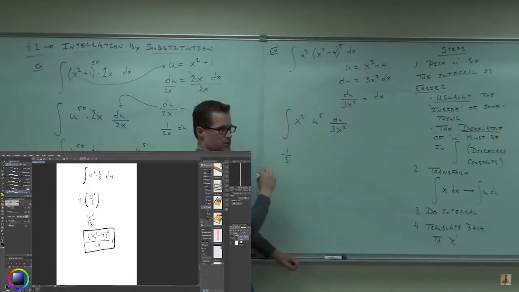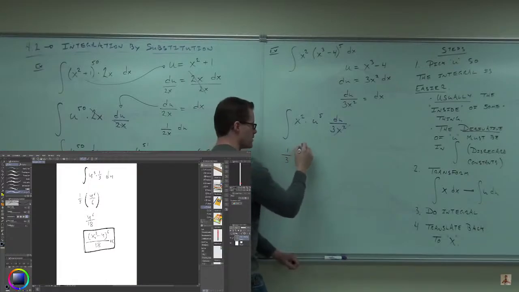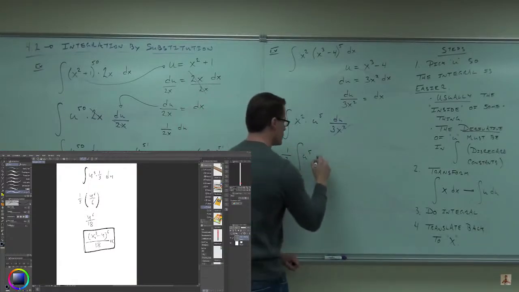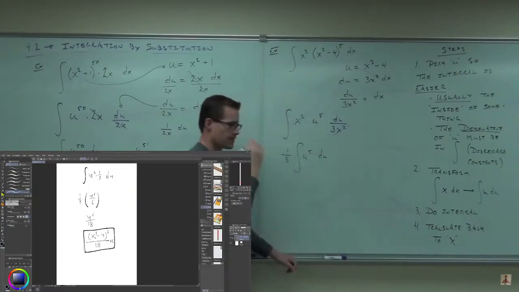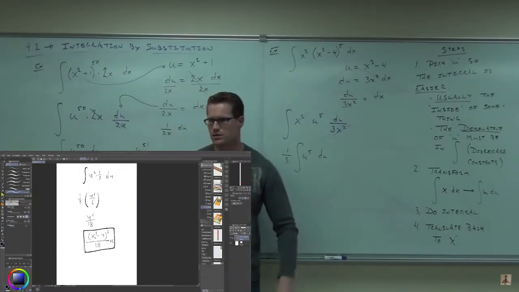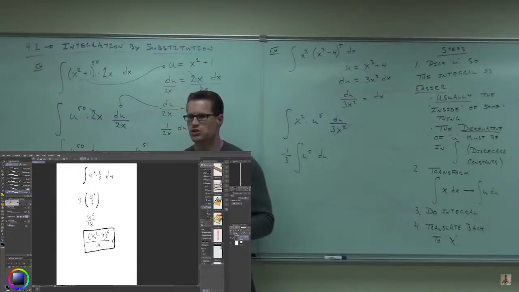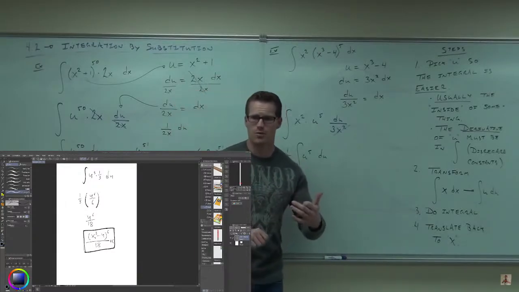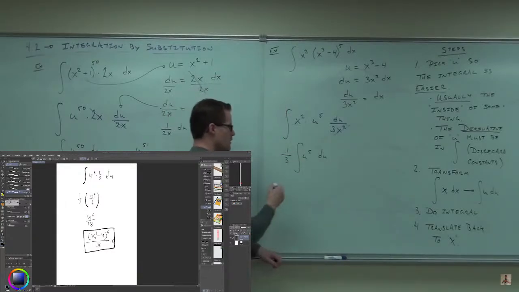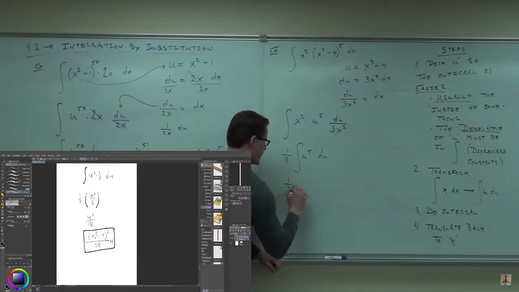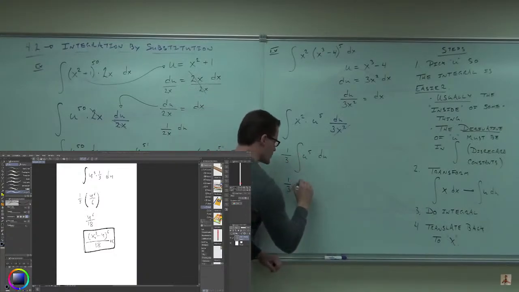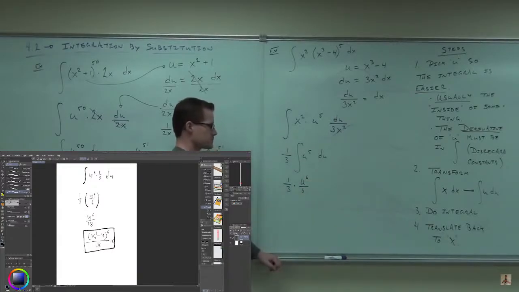What can you do with constants? That's why you disregard the constants, because they really don't affect you in terms of x or u. It's just a number being multiplied. So this is 1/3. I know you can take the integral of that. That's u to the 6th over 6 plus c.